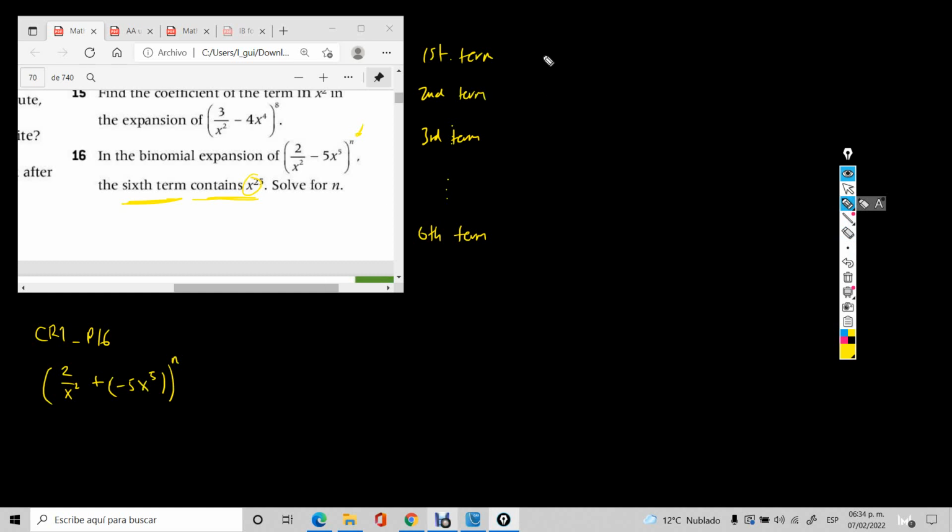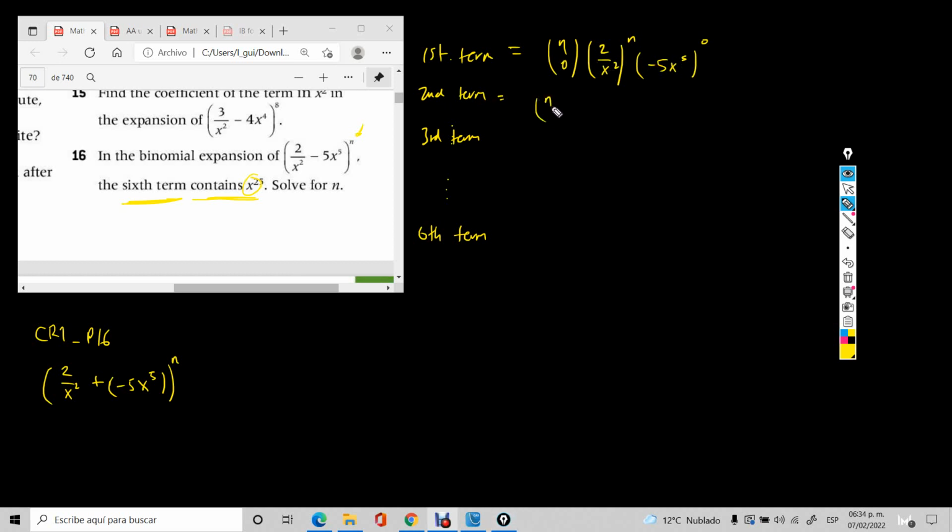For example, the first term is going to be equal to n choose 0 times my first number in the binomial to the n. We don't know yet what n is, but that's the formula, right? And times minus x to the fifth to the 0. Okay, this is the first term, guys.